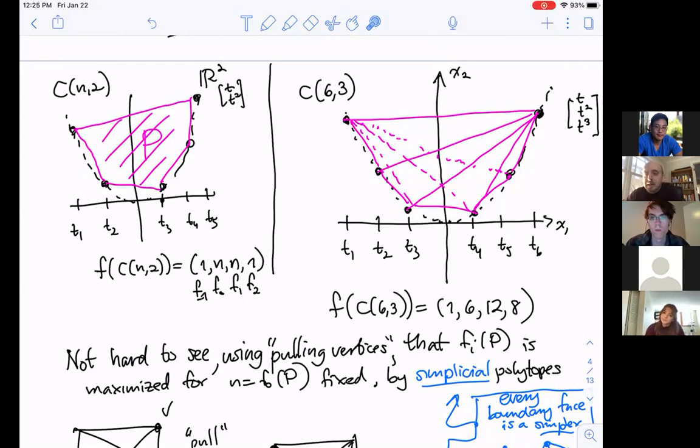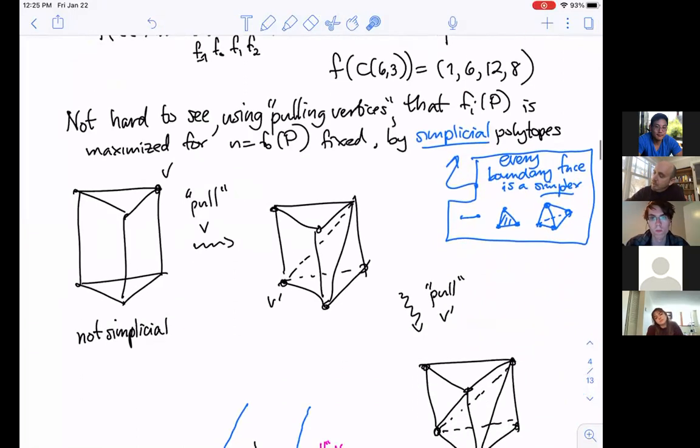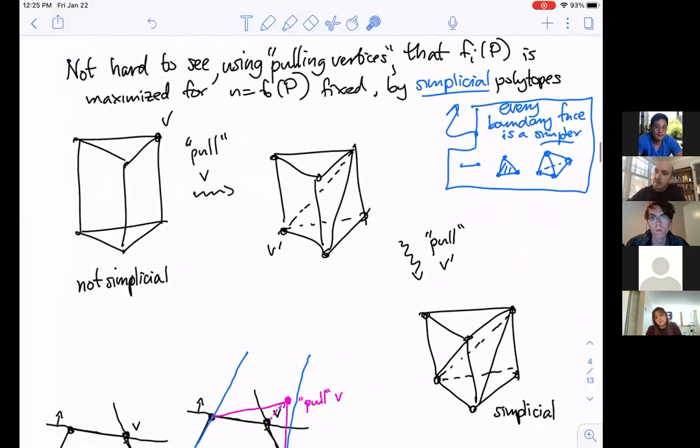And we had talked about how, in trying to prove this conjecture that these maximize the number of faces, one could use a certain trick or reduction called pulling vertices to show that if you fix the number of vertices, like here I've got 6 vertices in this prism, you can always get rid of polytopes that don't have simplicial faces.